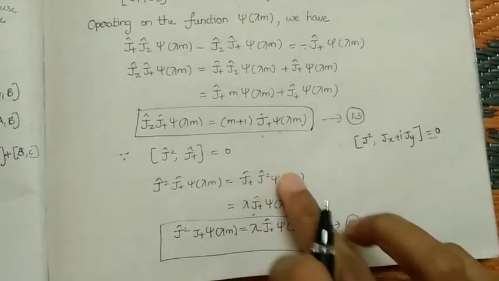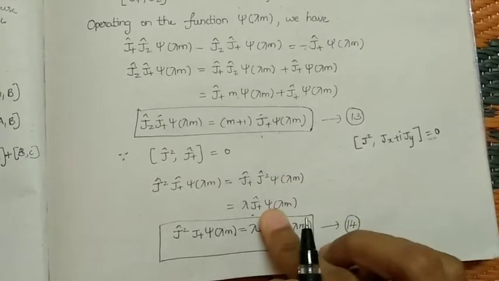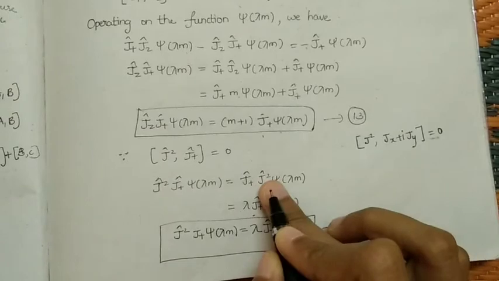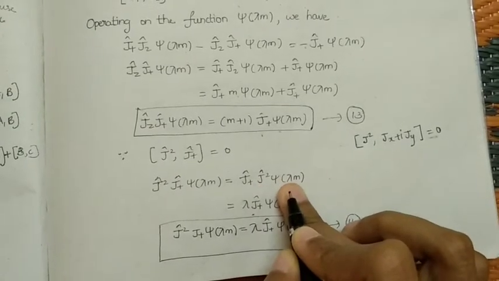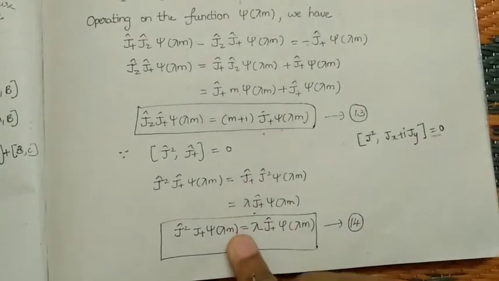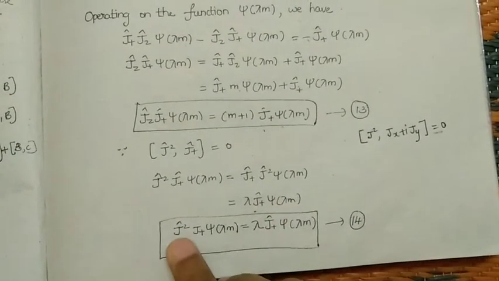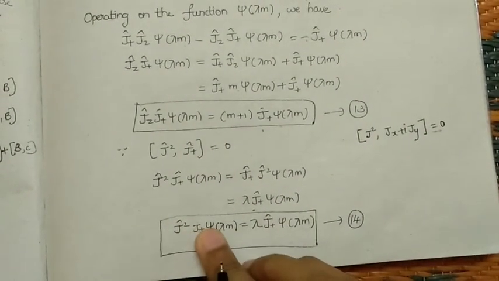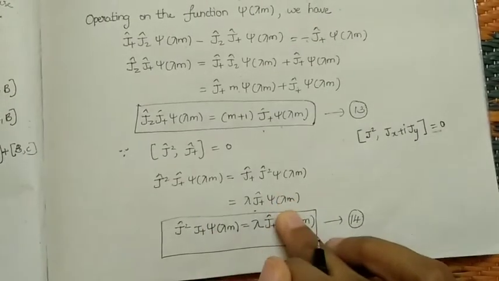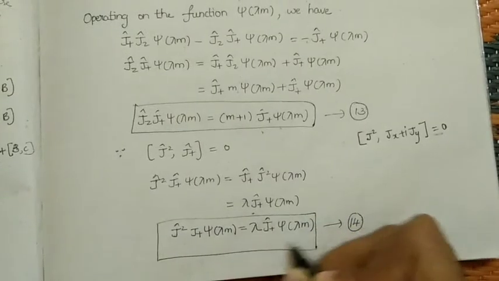So j square operating on this wave function would give us the eigenvalue lambda on that wave function. Here, if we observe finally, j square operating on this wave function, that is j plus xi of lambda m, gives us the same wave function, j plus into xi of lambda m.